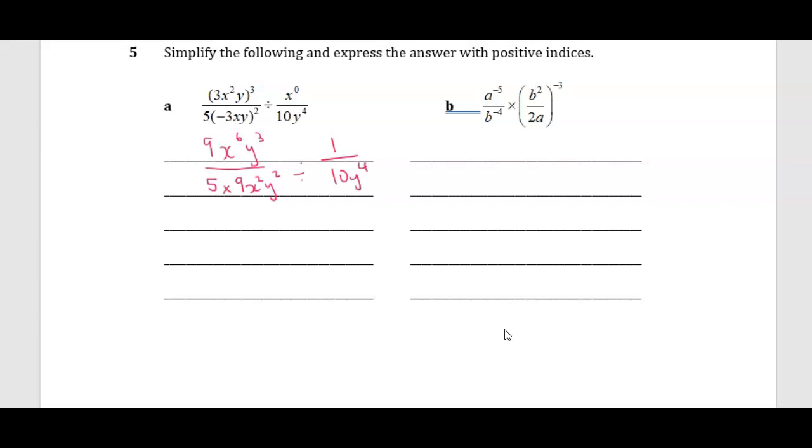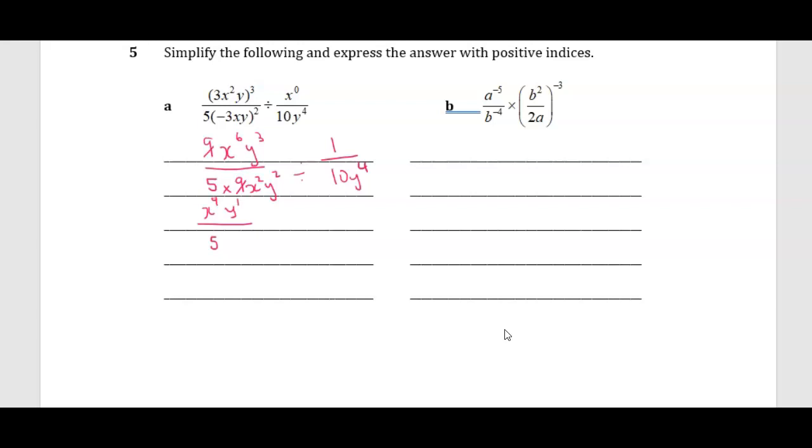10y to the power of 4. Okay, let's just tidy this up a little bit. So 5 times, well, those 9s actually cancel each other out. And we're just left with 5 on the bottom. The x's, because we're dividing, we subtract our powers. So x to the power of 4. And then y to the power of 1.